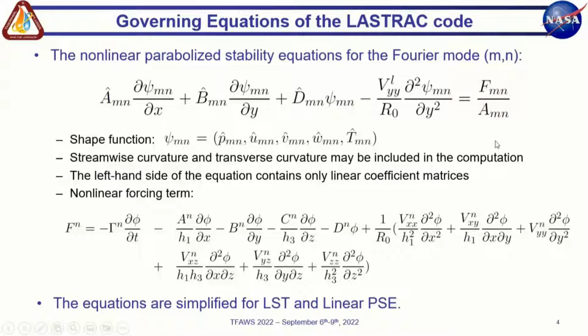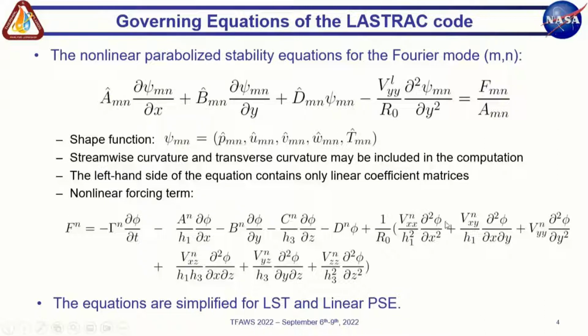In that way, on the left-hand side, all these A hat, B hat, D hat matrices only include the linear operators. That means when we consider the linear stability analysis, we just drop this forcing term, and that's the simplification. So the governing equations for the LST and the nonlinear PSE differ only in the left-hand side terms.